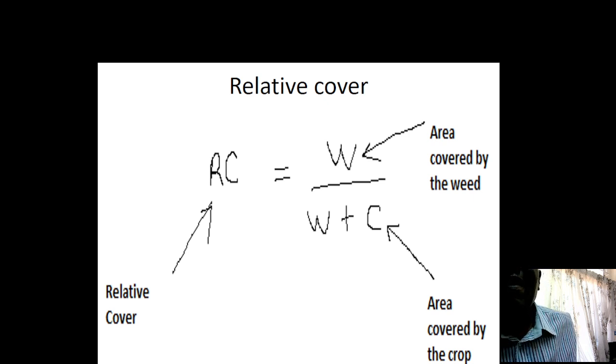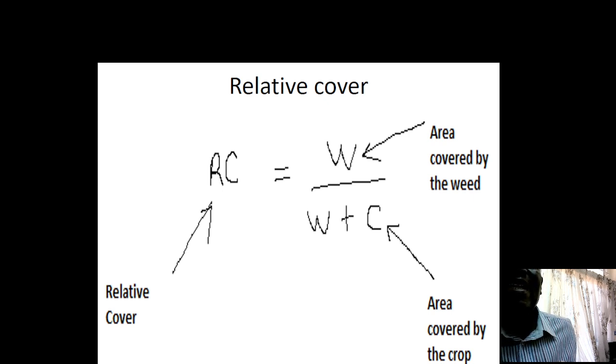Now we have a DPhil student who is doing similar work in Murewa, I think, and Mutoko, under 3 agroecological zones. The student is trying to use relative cover in order to estimate yield losses.